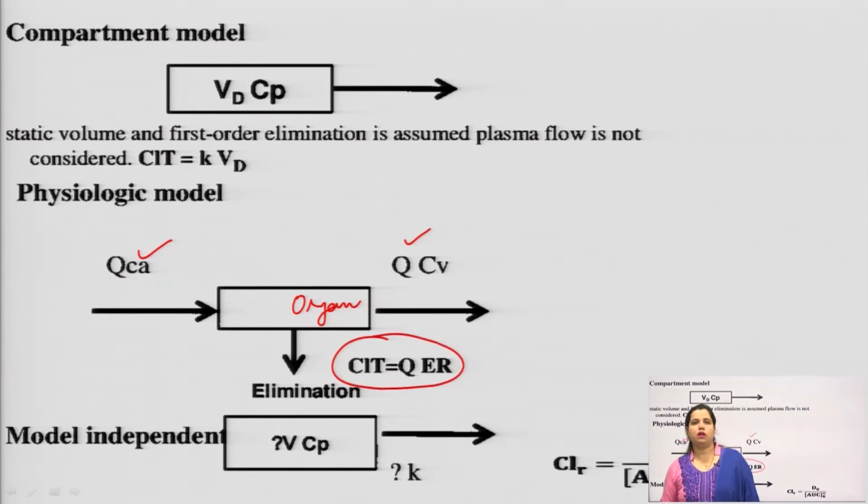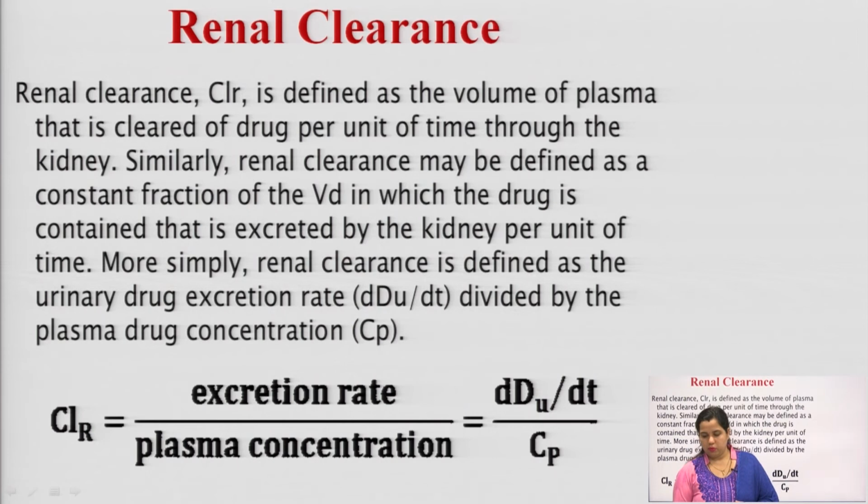In the model independent approach we generally do not assess the elimination rate constant and volume of distribution, so the equation will be CLR = D0 / AUC from 0 to infinite time. So, these are the different approaches.